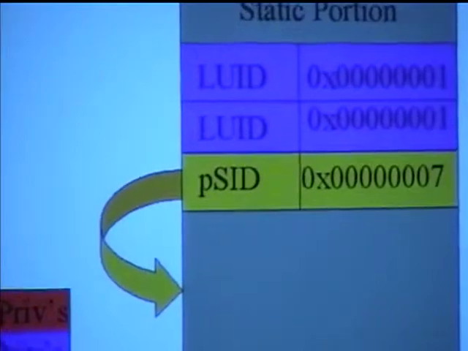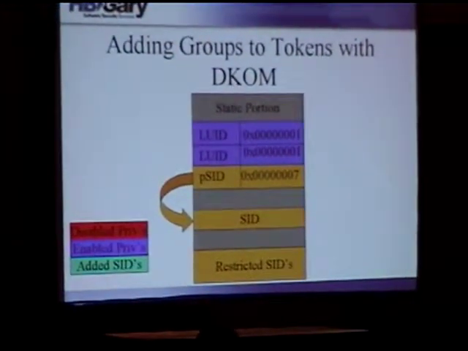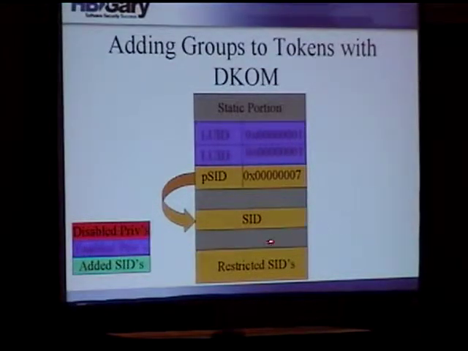And the SIDs come at the end of the array of SID and attributes. The actual SIDs themselves are at the end of the array. So we need to make room, that gray portion there is to make room for the new SID and attribute structure, and the gray portion down there we can use for the actual new SID. So all the SID and attribute structures are contiguous, they're an array, and all the SIDs are contiguous.